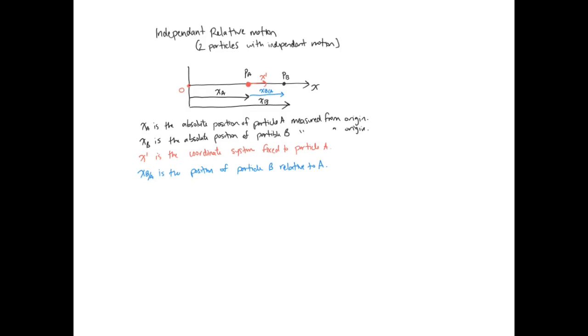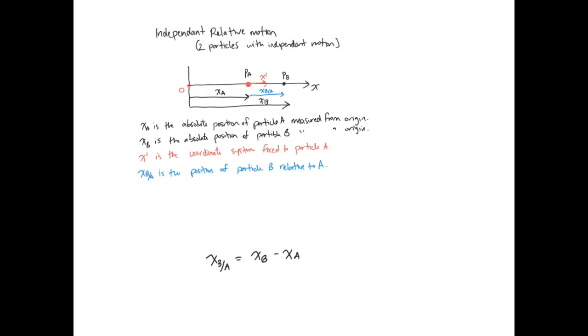If we look at these position vectors that we've drawn here, you can see that xb minus xa would give you this xb over a. So I'll rewrite that as an equation: xb relative to a is equal to xb minus xa.